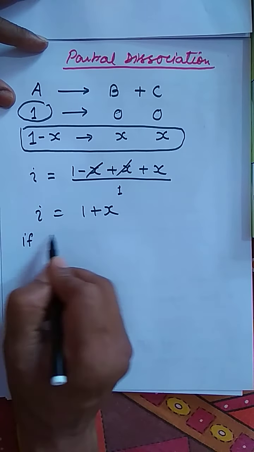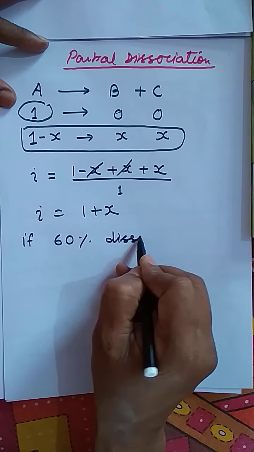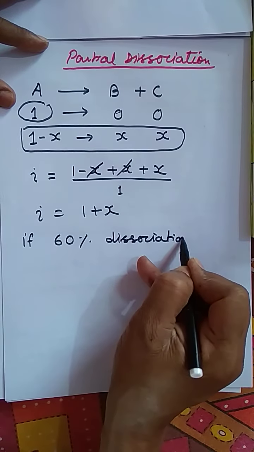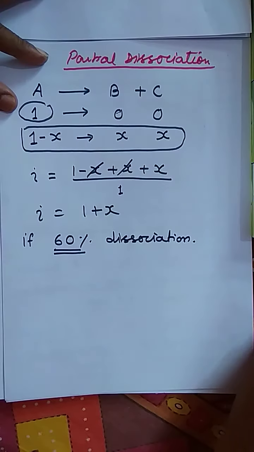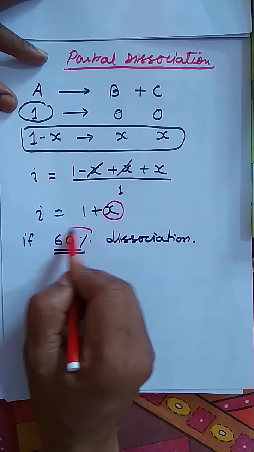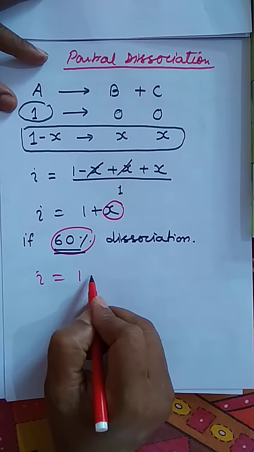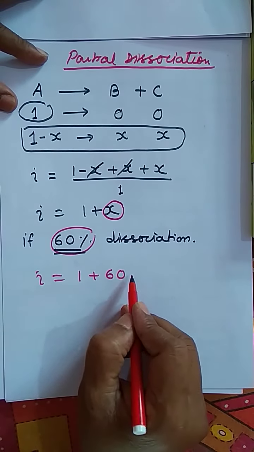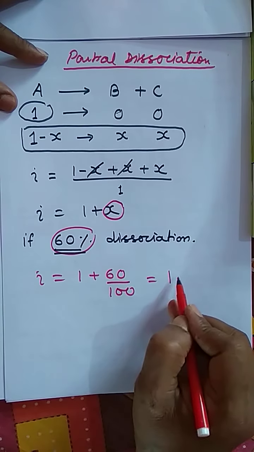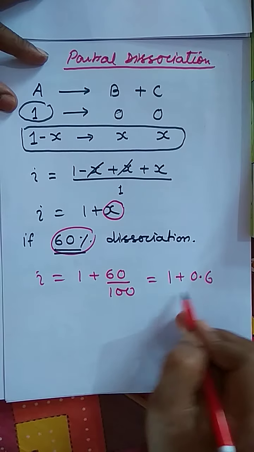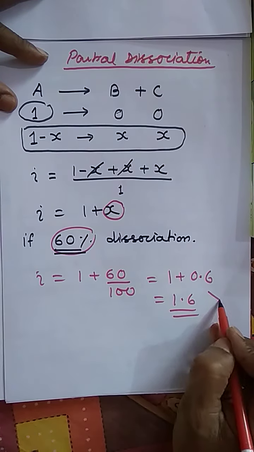If in the question it is written 60% dissociation, then you put the value of x, the degree of dissociation, equal to 60%, and calculate the value of i. i is equal to 1 plus 60%. 60% means 60 by 100, so this is equal to 1 plus 0.6, or 1.6. This value is greater than 1.